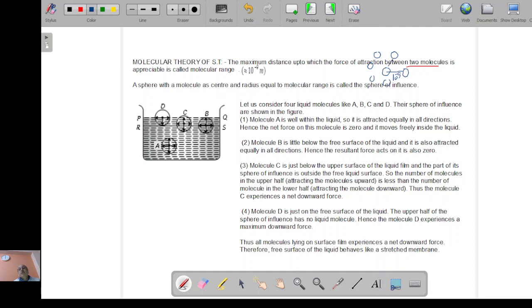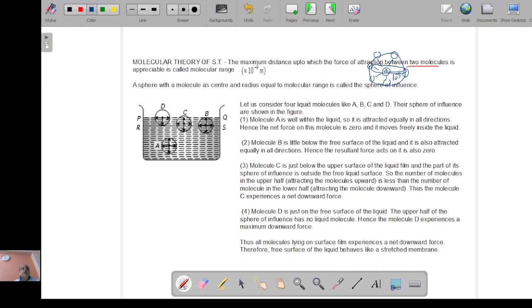Here is the reference molecule, and the other molecules surrounding it within the range of 10 to the power minus 9 will make a sphere like this one. This sphere is called the sphere of influence.